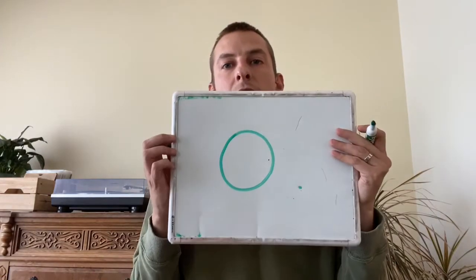So this is a circle. But if it's not flat, then it becomes a sphere. And an apple is a perfect example of a sphere. Another example of a sphere would be this baseball. It's not flat. It is a three-dimensional form, shape.